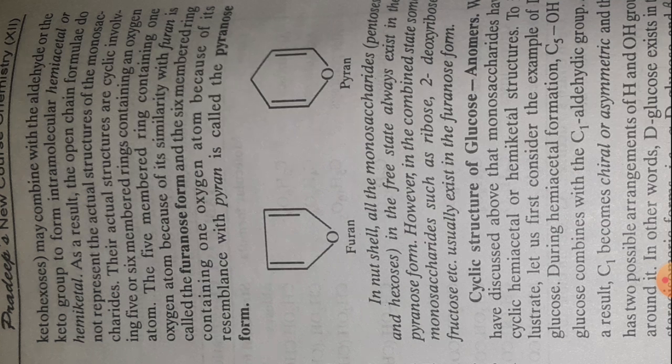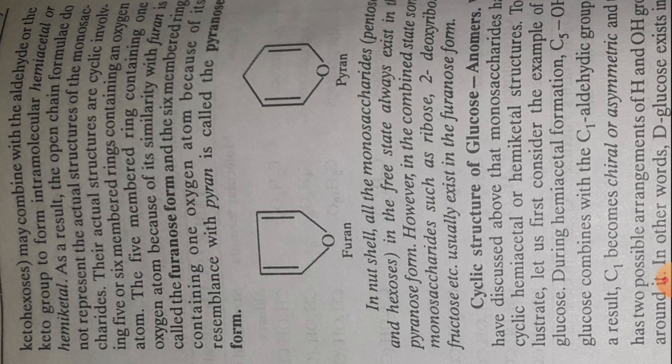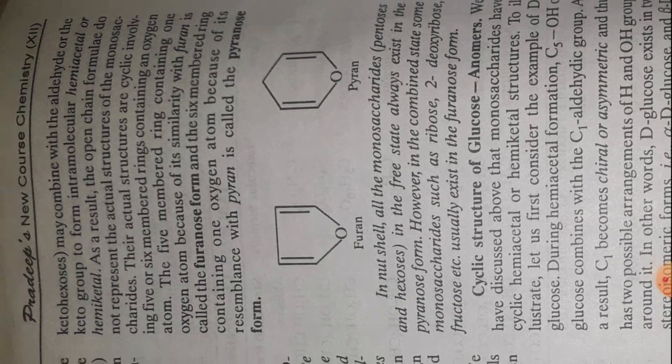So if we go for the stability of these structures, it is clear that the 5-membered and 6-membered cyclic structures are more stable than 3-membered and 4-membered. And that's why there is a chance that carbon number 5 and carbon number 4 may react to give a 5-membered ring or a 6-membered ring.